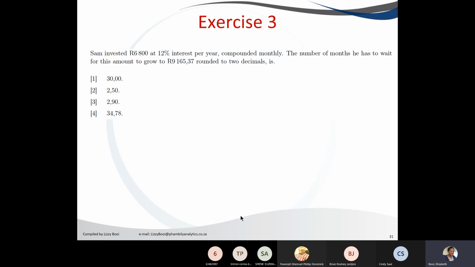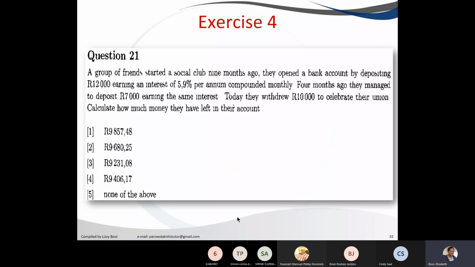Okay, this does not relate to that, this is just another question. It comes from a past exam paper as well. A group of friends open a bank account, they deposit 12,000 and it earns 5.9% interest compounded monthly. 4 months ago, they managed to deposit an additional amount.